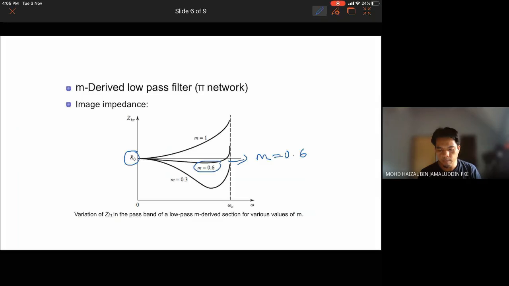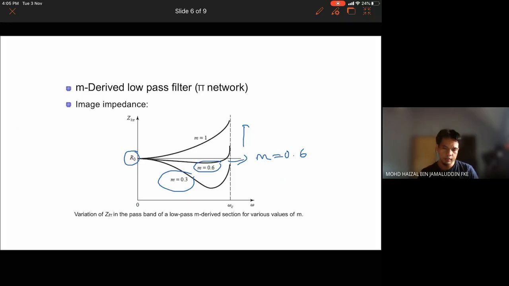If we choose m less than 0.6, the value of Z pi will be less than R0. And if we choose m more than 0.6, it will increase to more than R0. So this is how m is chosen.